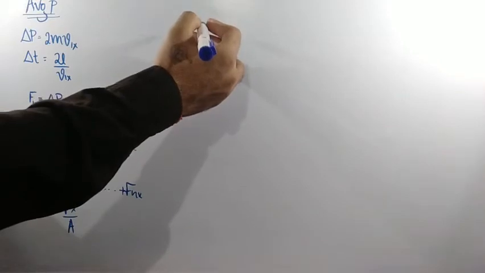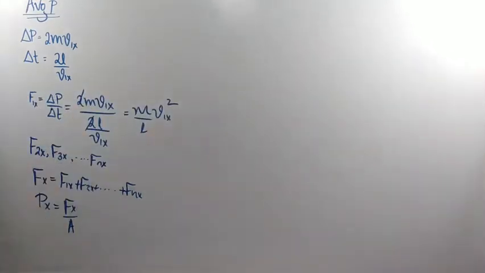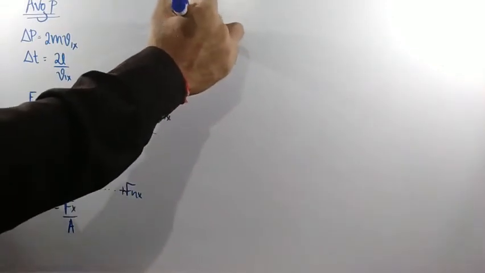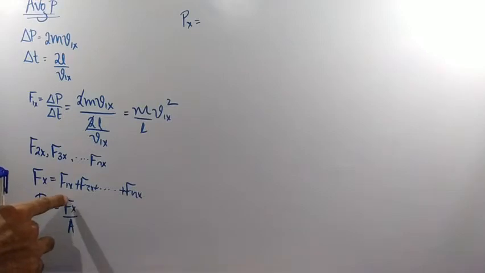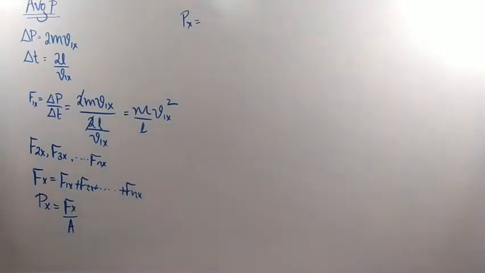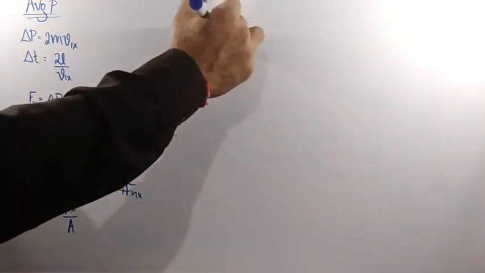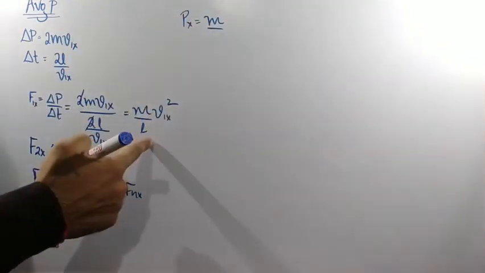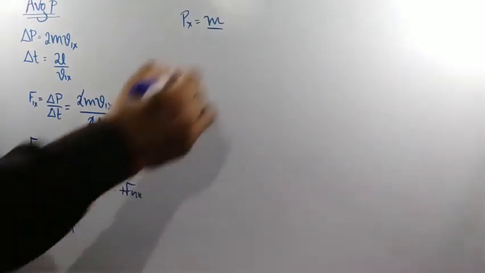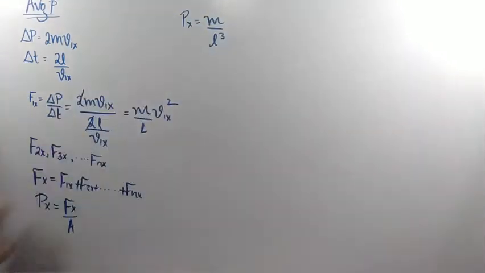Now listen. So we are calculating Px. So Px will be the force in x axis. That means F1x, F2x, if you go on adding all of them, you are going to get m by L cube, since L times A, L square, gives L cube.